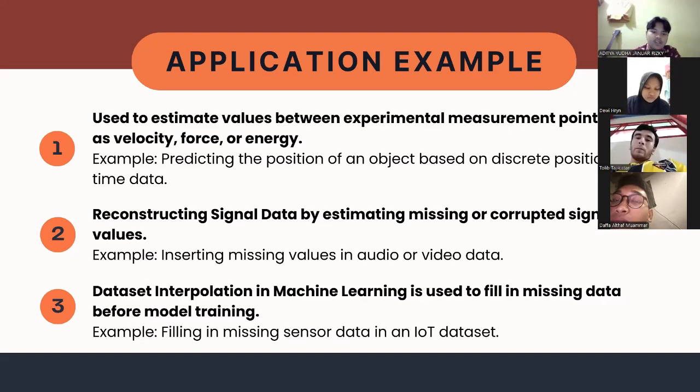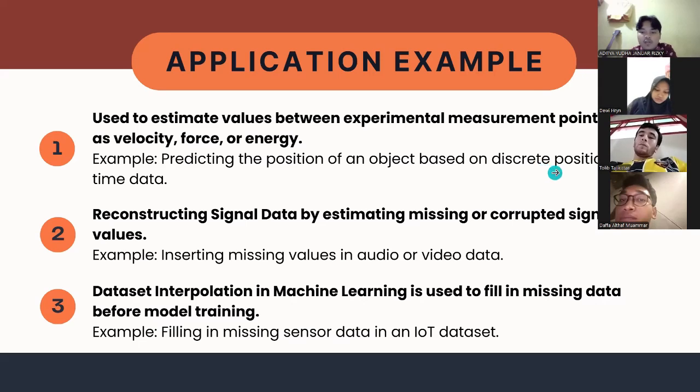For example, inserting missing values in audio or video data. And dataset interpolation in machine learning is used to fill in missing data before model training. For example, filling in missing sensor data in an IoT dataset. So as you can imagine, the usage of this method is mostly for filling or estimating missing or corrupted data.